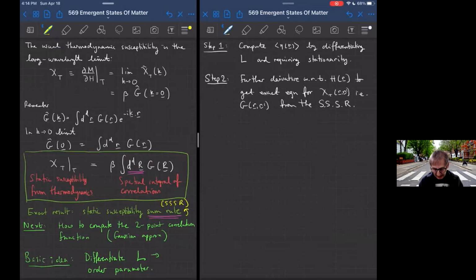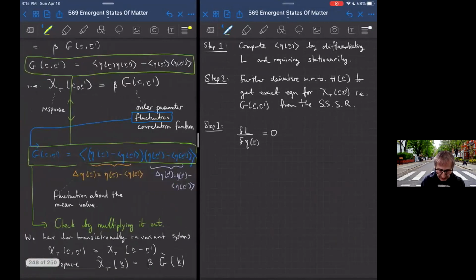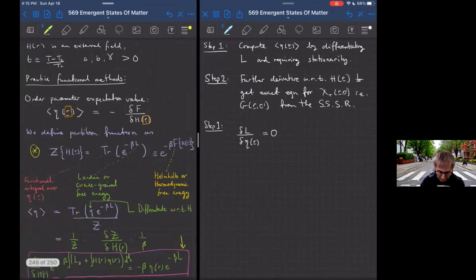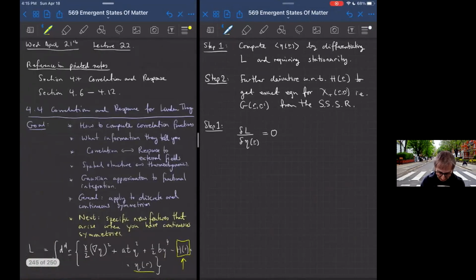I'm not sure if I'll take the time to explain this in full detail, but let's see how far we get. Okay, so step 1. The idea is that we want to compute the expectation value, and so we're going to require that the derivative of L with respect to eta of r is equal to 0, where L is the Landau free energy that we started with, wherever it was, so down here.